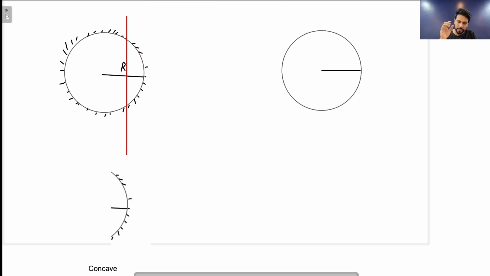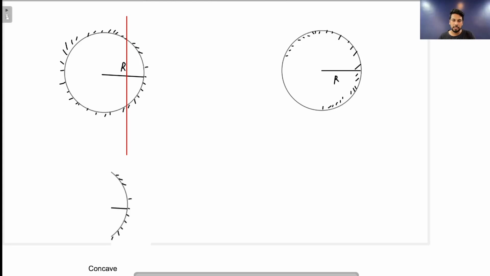So I make the inner side rough. Of course it has a radius r. These lines represent the rough surface of a mirror.